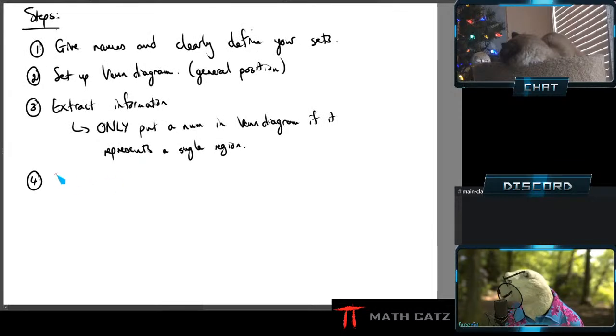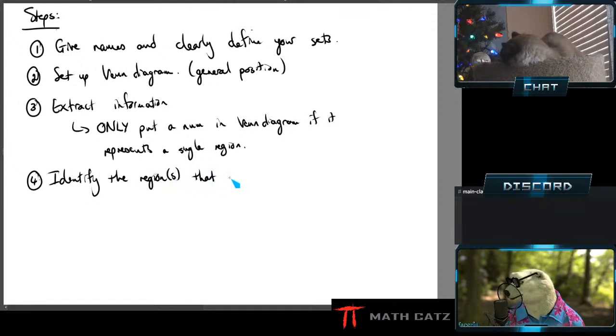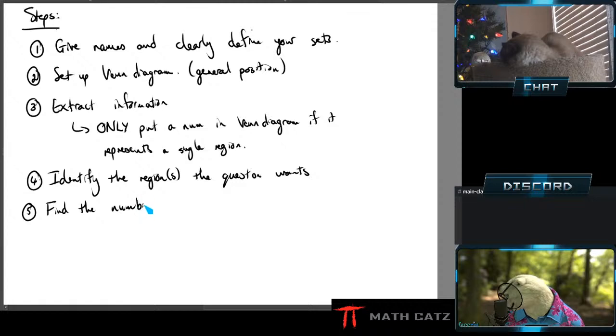And then not lastly, almost, I want to identify the region or regions that the question wants me to find. Say it like that. And then find it. Find the number.